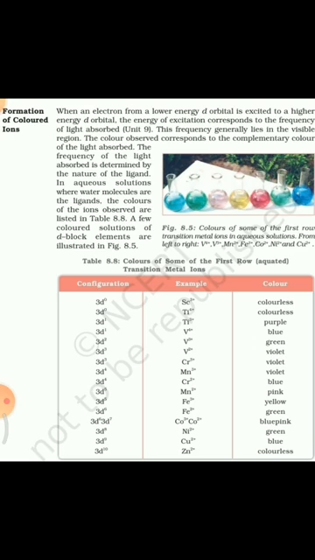The transition of electrons from lower t2g to higher eg orbitals is called d-d transition. So no color will be exhibited and the compound will be colorless. Titanium 4 plus also has 3d0 configuration, so it is also colorless.